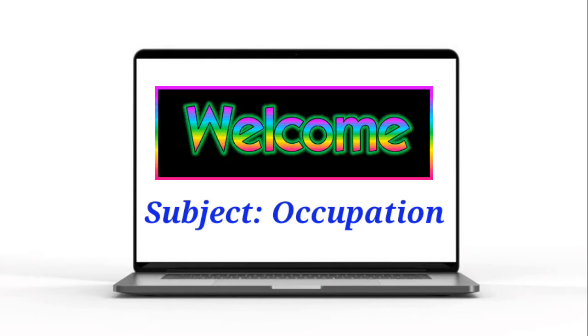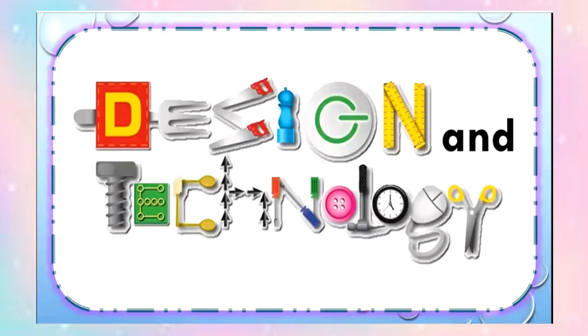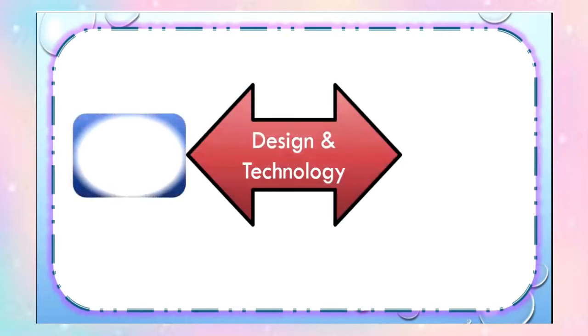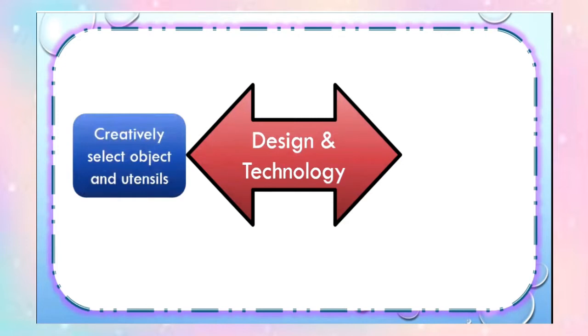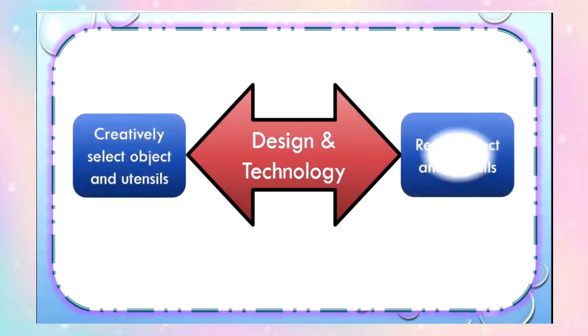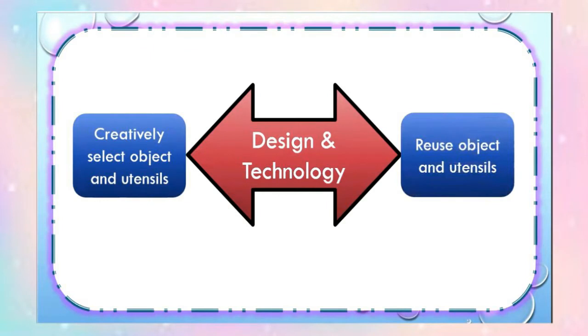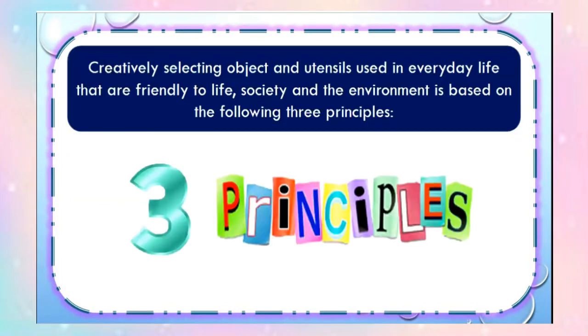Okay, and now let's continue with our lesson, and it's entitled Design and Technology. Design and technology is related to creatively selecting objects and utensils and reusing objects and utensils.